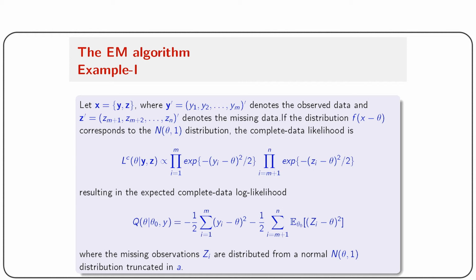Easily it can be shown that the complete data likelihood has this form, where the first part is for the observed data and the second part corresponds to the missing data, resulting in the expected complete log likelihood Q(theta given theta naught, y) equals minus 1 by 2 the sum over i equals 1 to m of (yi minus theta) squared, minus 1 by 2 the sum over i equals m plus 1 to n of the expectation under theta naught of (zi minus theta) squared, where the missing observations zi are distributed from a normal(theta, 1) distribution truncated at a.